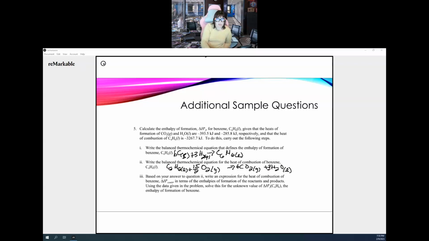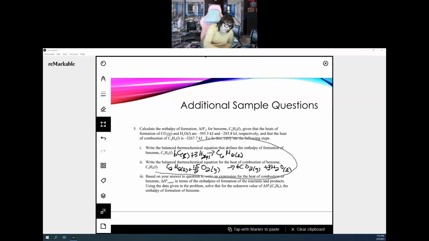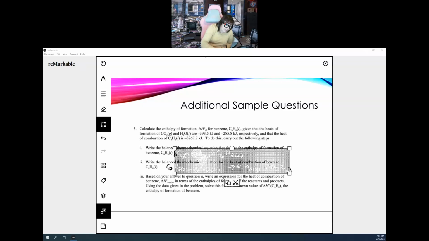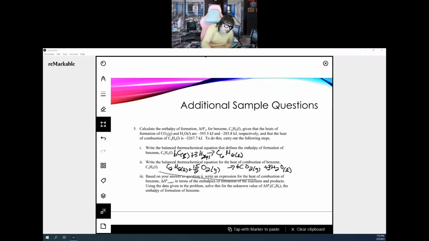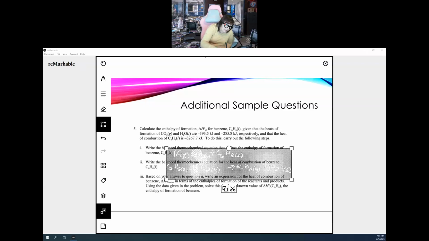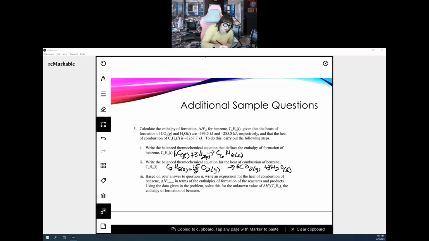Now, based on your answer to question 2, write an expression for the heat of combustion of benzene, delta H naught com, in terms of the enthalpies of formation of the reactants and products. Okay, so I need a little more space. What I'm going to do is copy these right here, and actually, I didn't get everything, so I'm going to copy those right there, and move them over to this piece of paper.